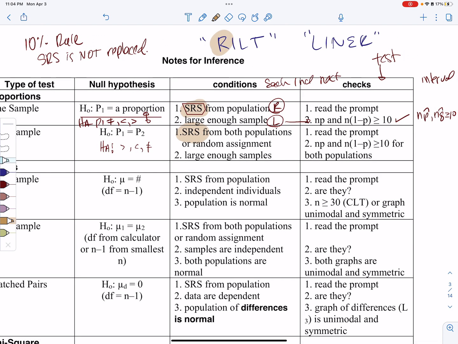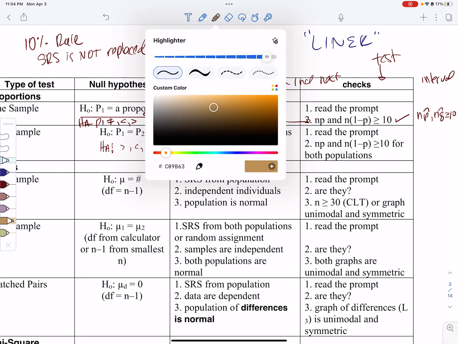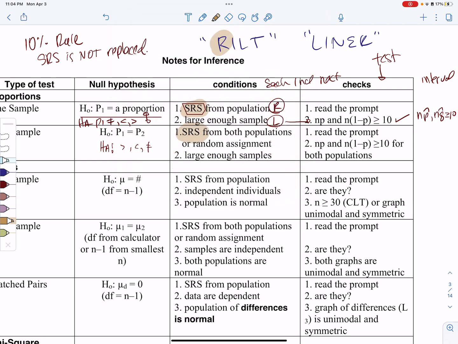So that's my R. And then of course my large sample is this. Large samples here also, and this here. And then you have to do it for both populations though. That's the key here, is make sure you do both populations.